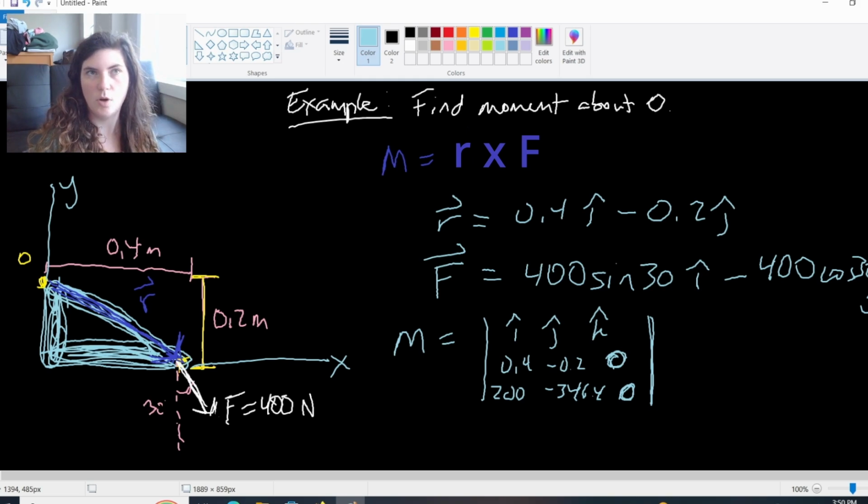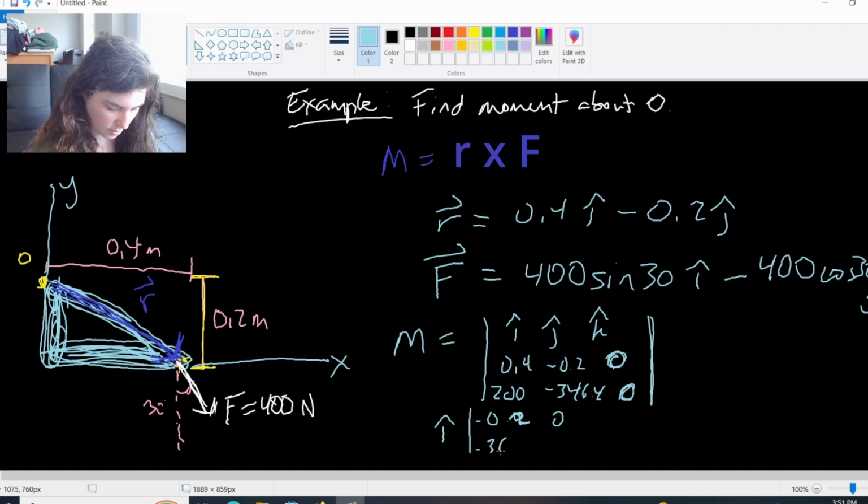The important thing that I want to note here is that these zeros are going to get a lot of my terms to actually cancel out. So when I go and do this i hat matrix, I'm going to have negative 0.2, 0, negative 346.4, 0. And if I do the multiplication on that, I'm getting negative 0.2 times 0, that's 0, minus negative 346 times 0, again, is 0.